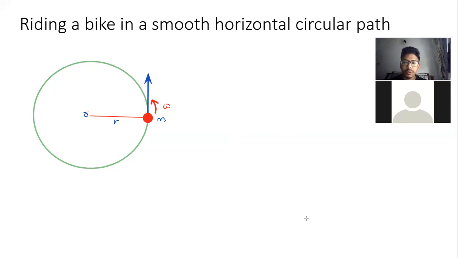The magnitude of this tangential velocity is constant because angular velocity is constant. So here omega is constant, and the radius is also constant because this is a circular path. The distance to any point on the circumference from the center is the same because it is a circle.